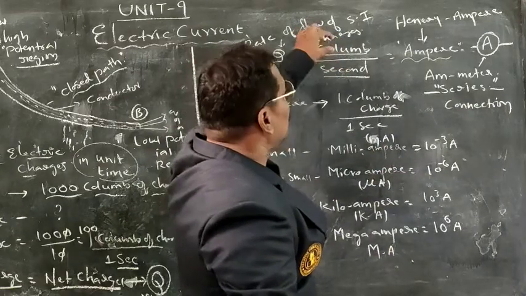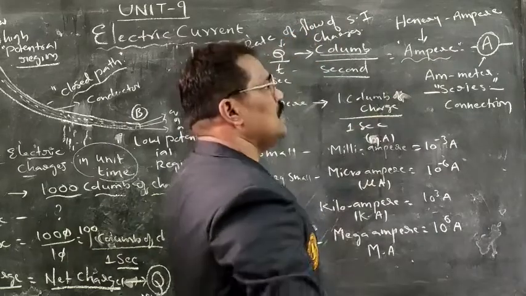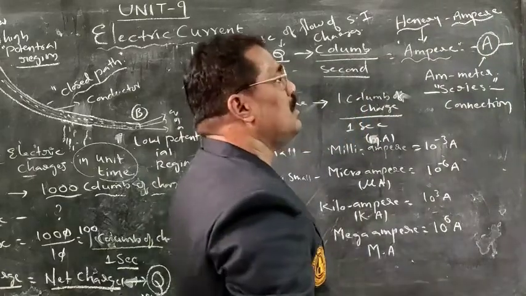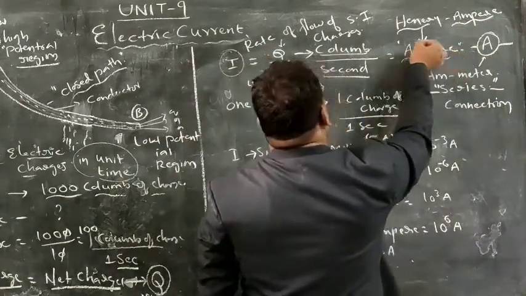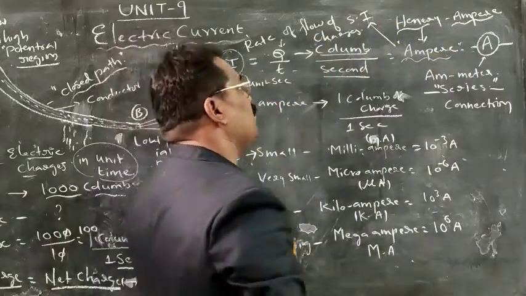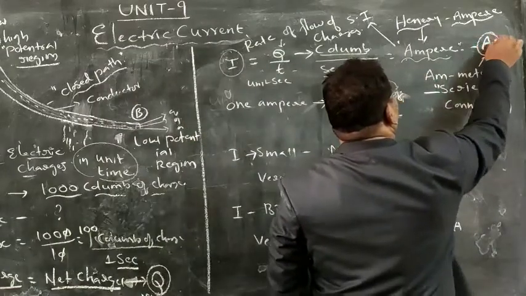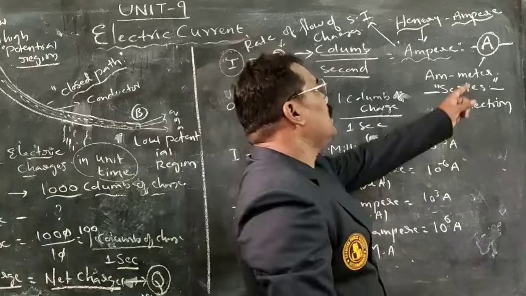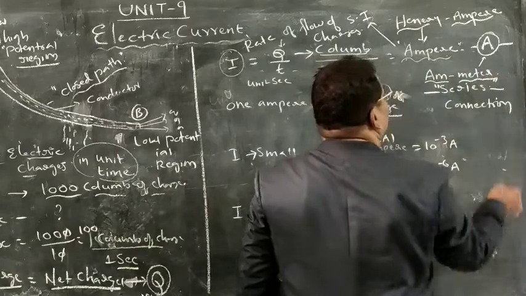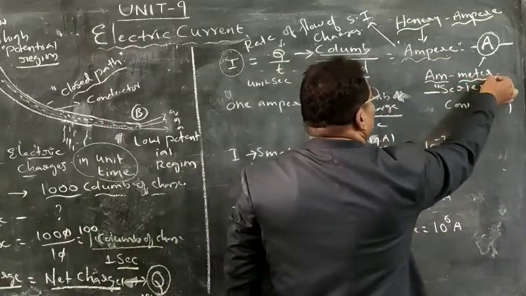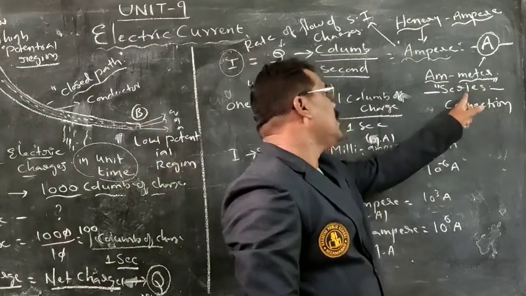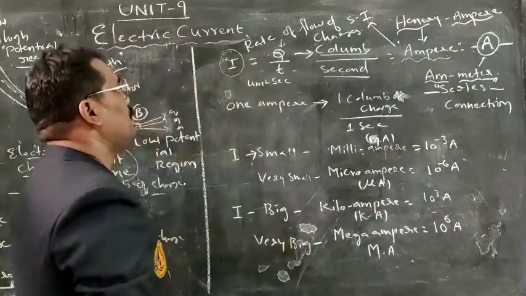To remember these two things, a new unit was introduced based on a physicist's name, Andre-Marie Ampere. The ampere is the SI unit for electric current, and its symbol is capital A. This current can be measured using a device called an ampere meter, or ammeter, which is always connected in series connection.